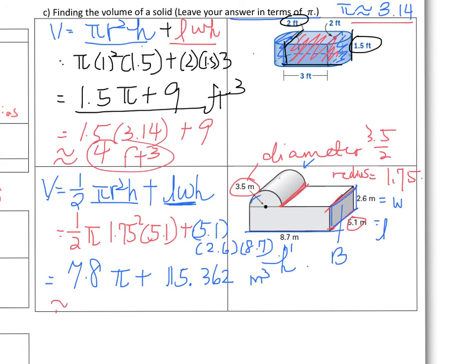And perhaps I may ask you to use pi equals 3.14, and you would just have to sub in 3.14 for pi and do the math to get about 140 meter cubed. And that concludes our lesson.